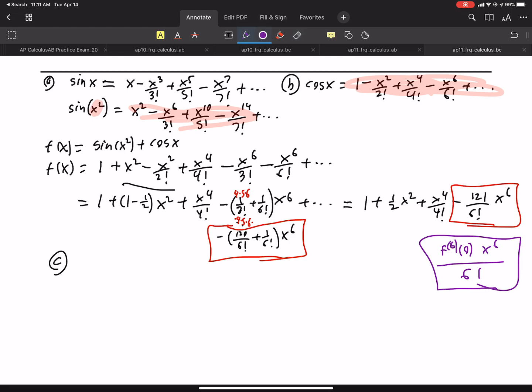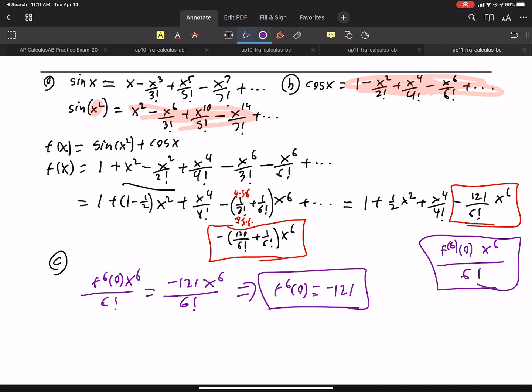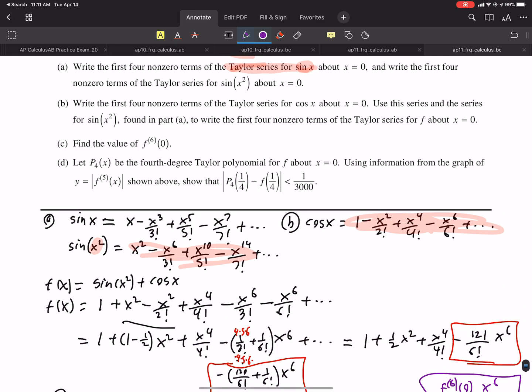So you would just say the sixth derivative times x to the 6th over 6 factorial has to equal negative 121 x to the 6th over 6 factorial, implying that the sixth derivative is negative 121. Bingo, bango. All right, part D.